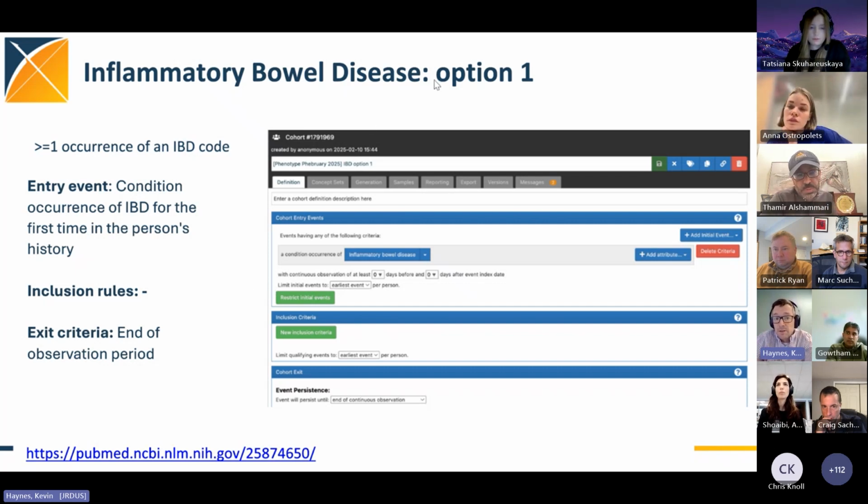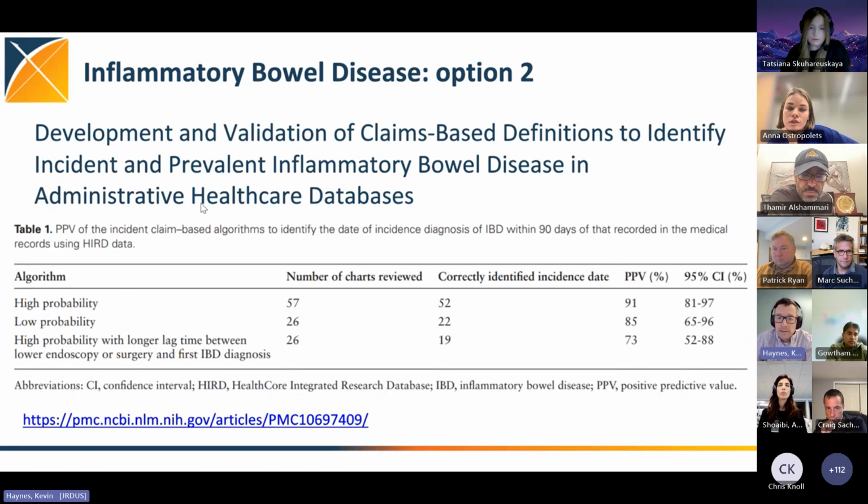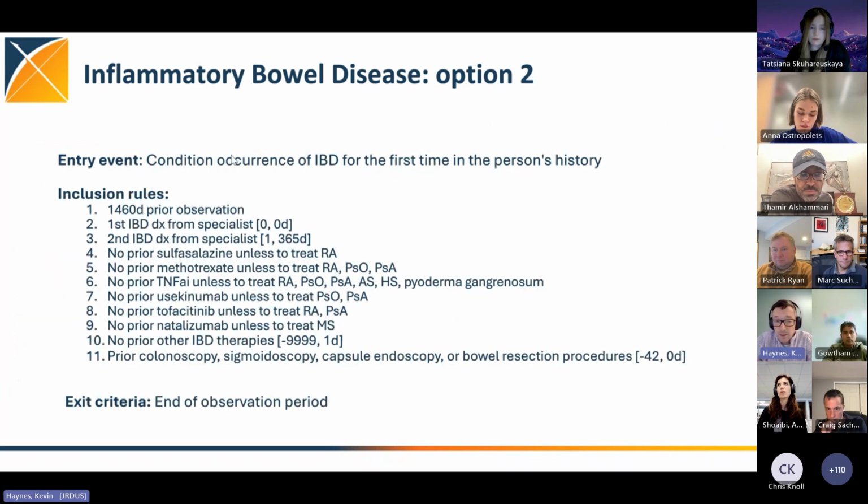So here's one definition of inflammatory bowel disease that just takes one or more IBD diagnoses. We took a published, validated algorithm that really sought to get at a very specific definition used to define incident diagnosis. And we converted this clinical definition and phenotype that was done in claims-based environments into the OHDSI Atlas instance. And Jamie Weaver really helped us build this Atlas cohort.